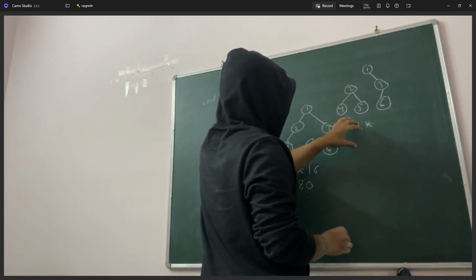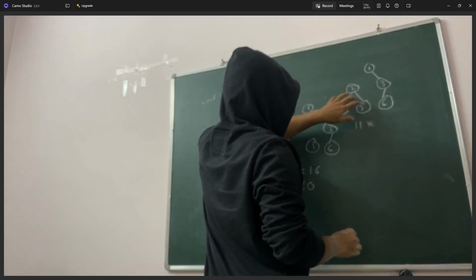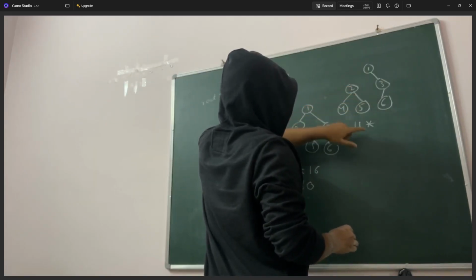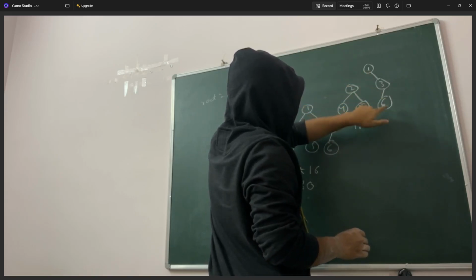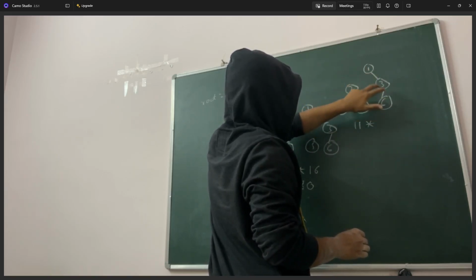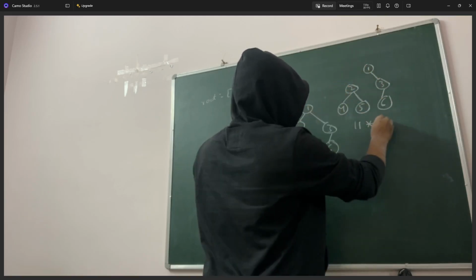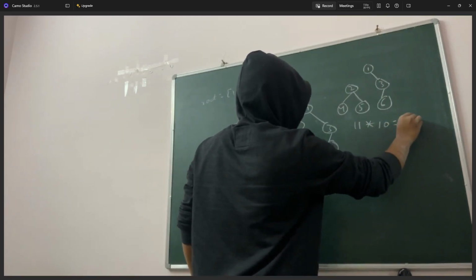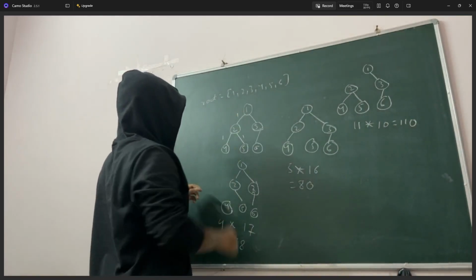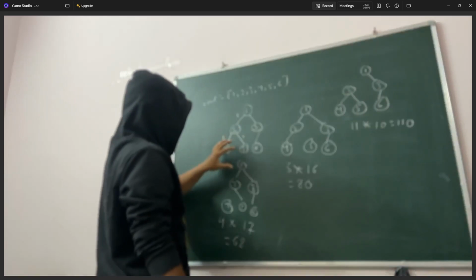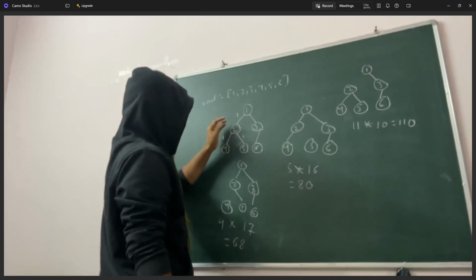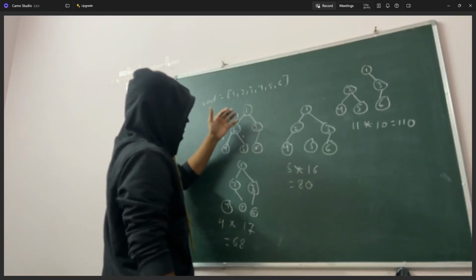What the question says is you need to take the sum of all the nodes in one subtree and multiply it with the sum of the nodes of the other subtree. So it is going to be 10, and here we have 110. Okay, we have done these three. We have deleted these three edges one by one and considered the case.